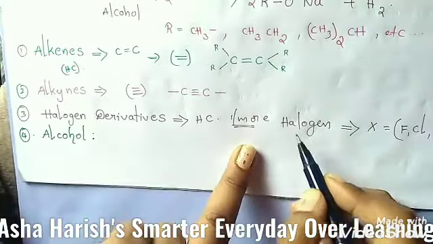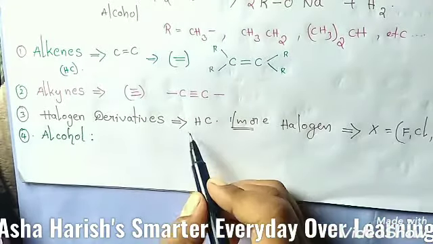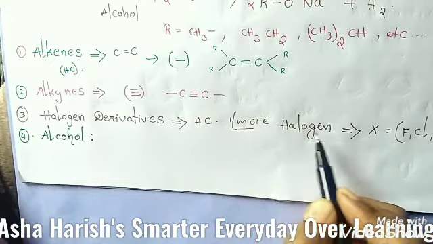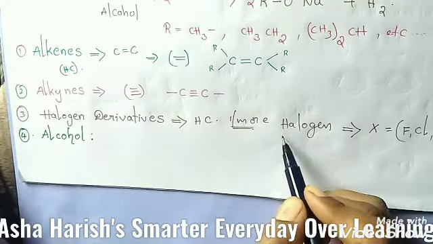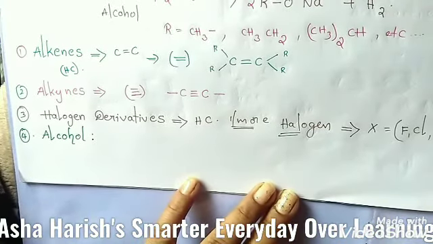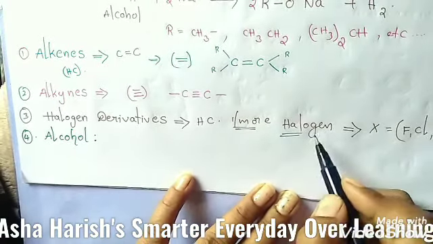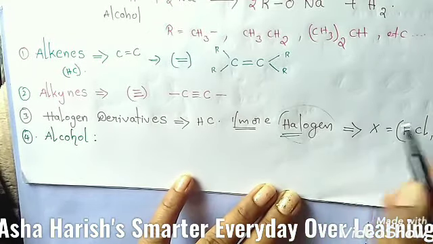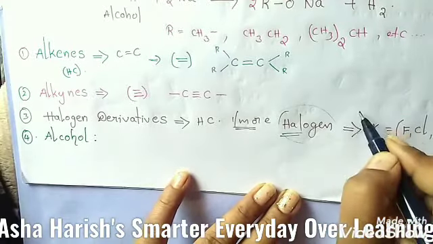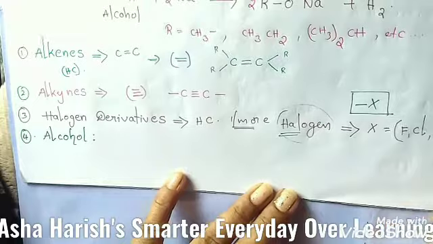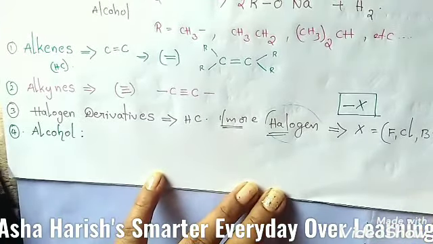The functional group should be the halogen and the structure should be with X, that should be the representation. In place of X you can take fluorine, chlorine, Br and iodine.